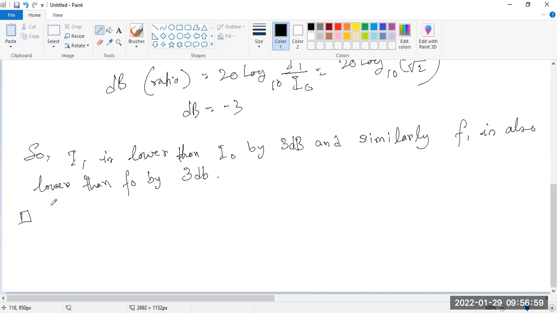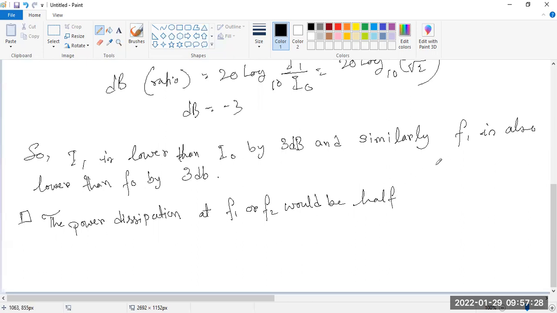Now the power dissipation would be half of that at F0.